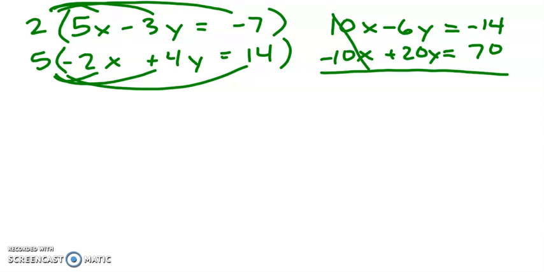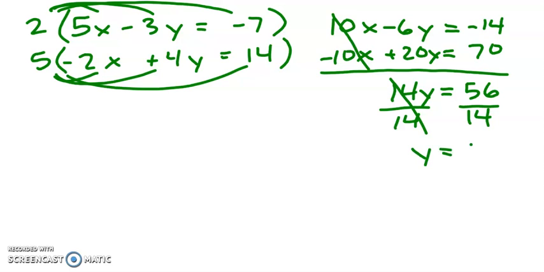So my x's cancel out, my y terms become 14y, and here I get 56. Now I can solve for y, divide by 14, and I get y equals 4. Now I just need to plug 4 in for y into one of my equations and solve for x.